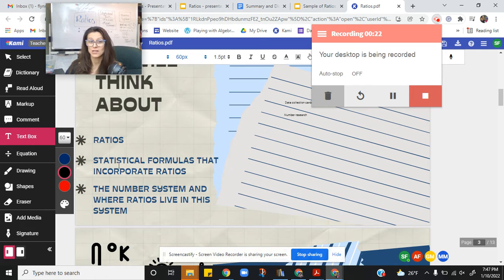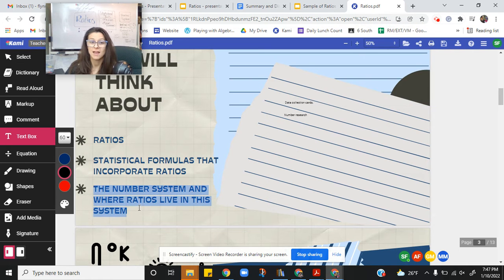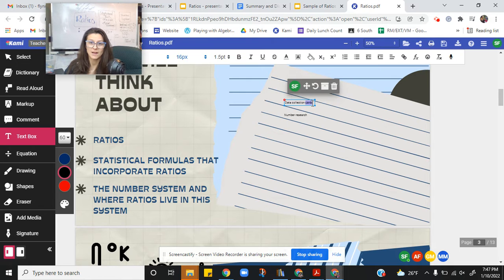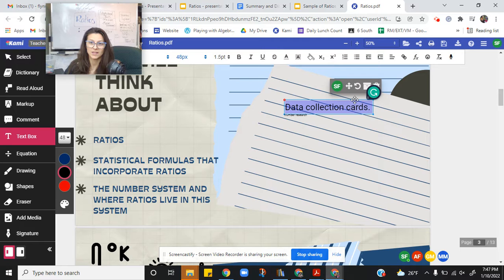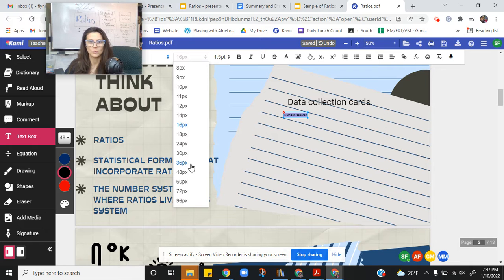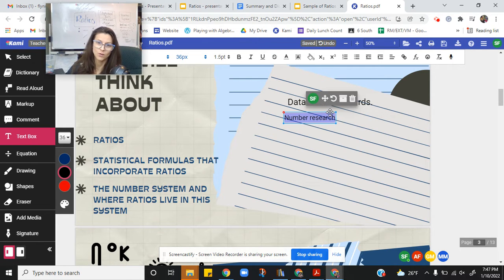Today we're thinking about ratios, statistical formulas that incorporate ratios, and the number system and where ratios live in our number system. You may find it helpful to have your data collection cards, whether this is related to earlier in the year when you just noticed something about your life and created a Dear Data postcard, or if you did it for Finding Nemo or Finding Dory.